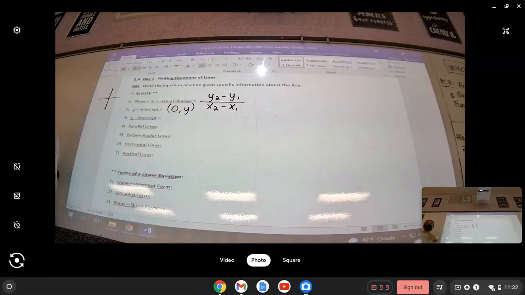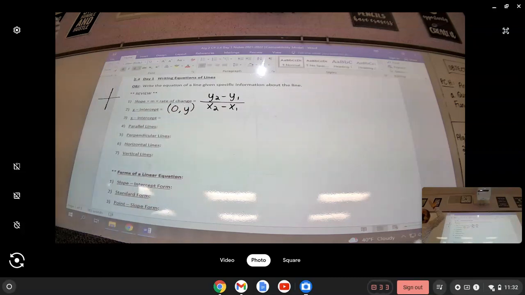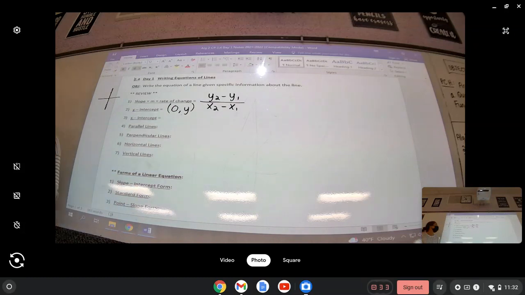So pay attention to that, because the y-intercept is a really good piece of information to know. If they try to sneak it by you in an ordered pair, if they tell you it passes through the point (0, 5), you've got to have like a neon flashing sign that goes off. Wait a minute. The point (0, 5) is a y-intercept. It has an x-coordinate of 0.